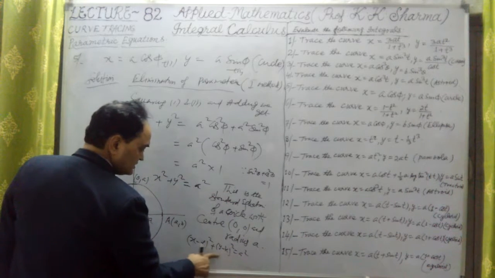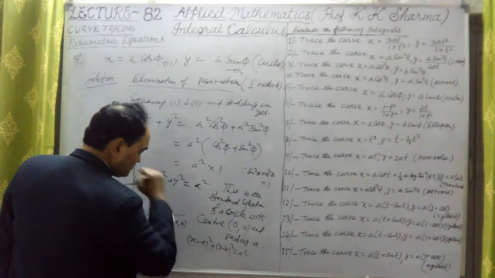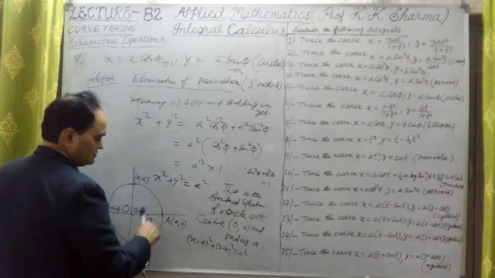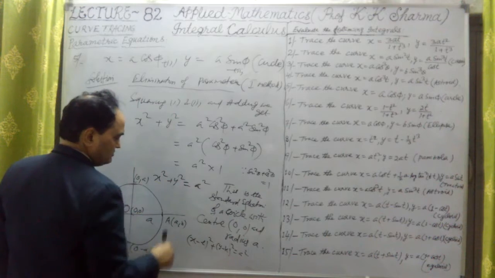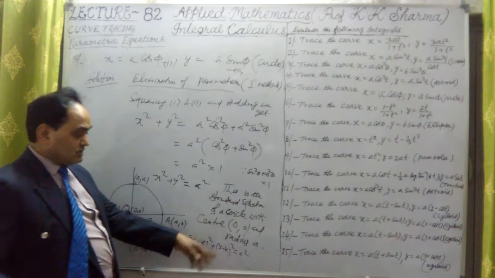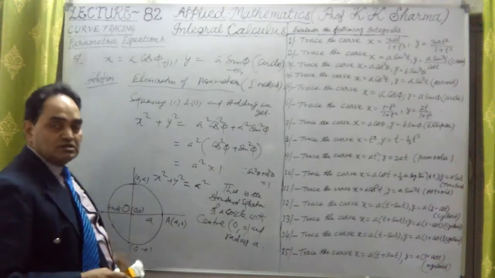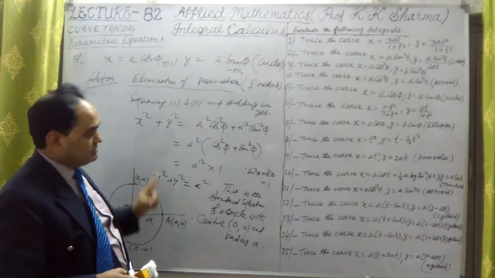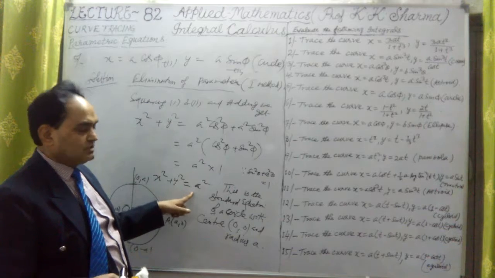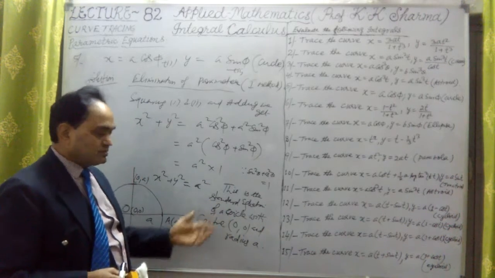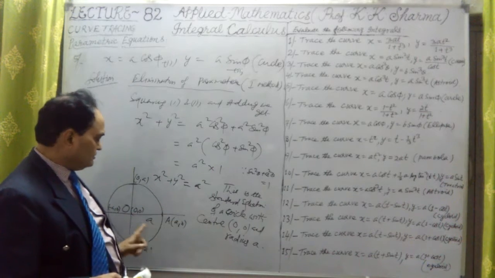Here h and k are the coordinates of the center of the circle, and a is the radius. Similarly, here 0 is the center, because in place of h and k we have 0, 0. This is the standard equation of the circle. This is the curve of question number 5. This Cartesian equation is the standard equation of a circle with radius a and center 0, 0.